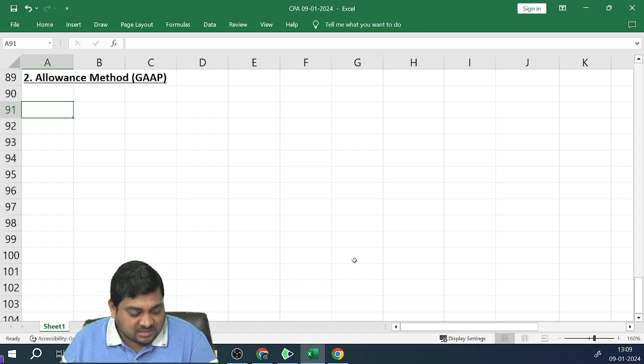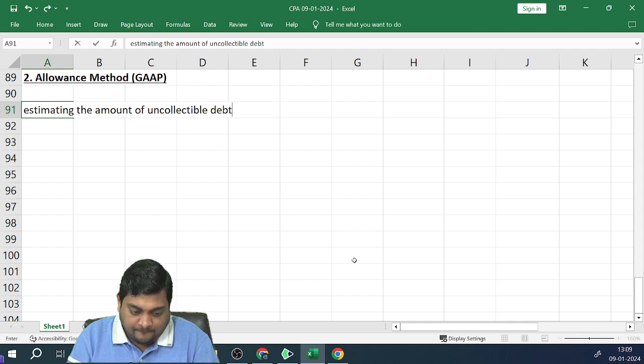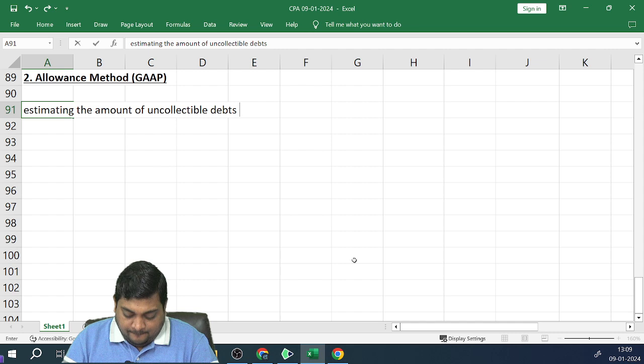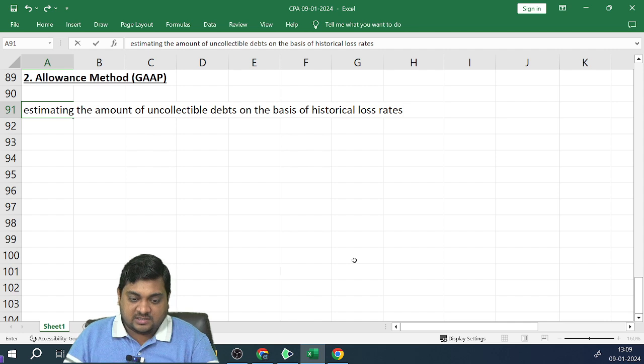So what is this allowance method all about? Basically, estimating the amount of uncollectible debts on the basis of historical loss rates, right?